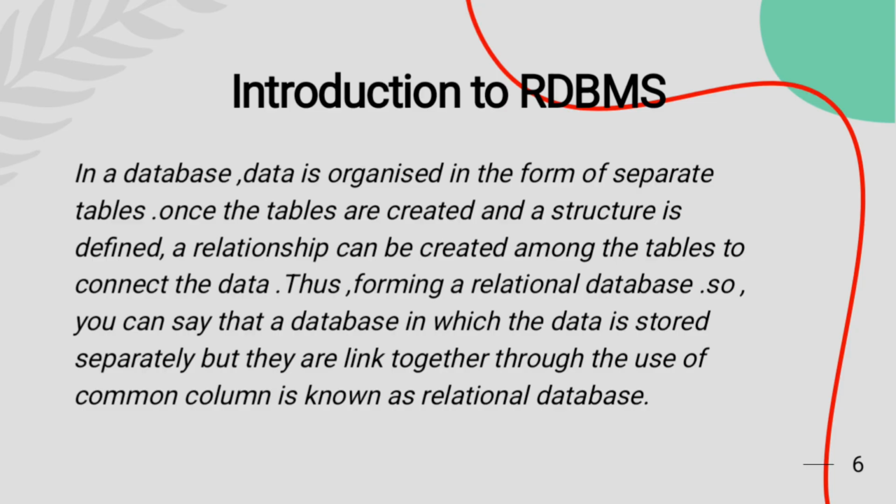One common key, means roll number is a common key in both tables, so we can connect both using roll number. So this is called a relation, and that's why it's called a relational database management system.